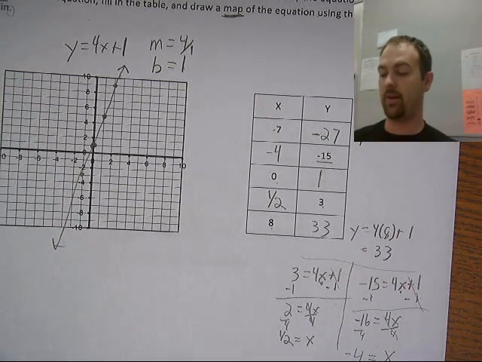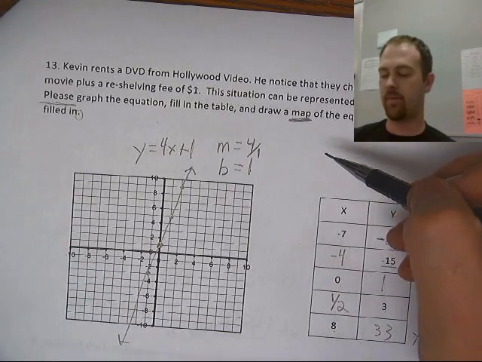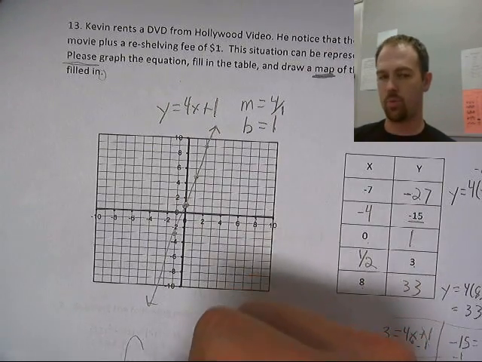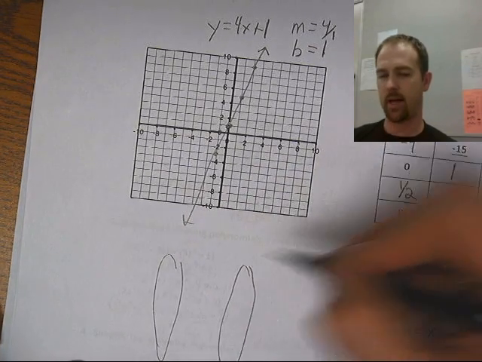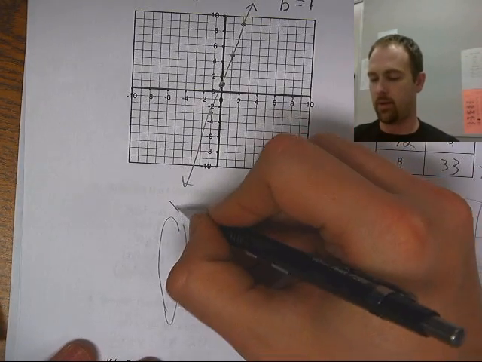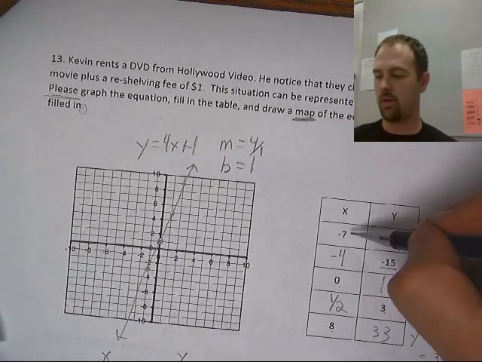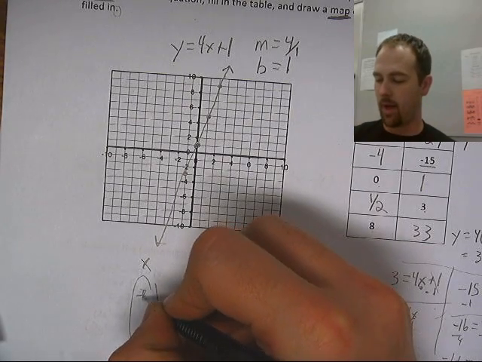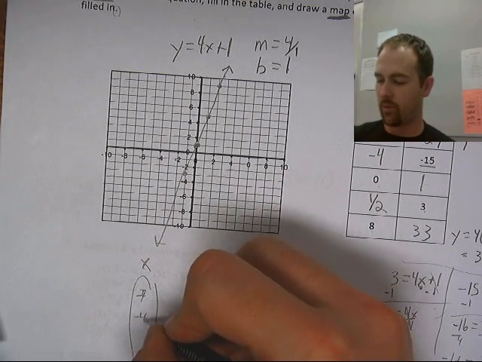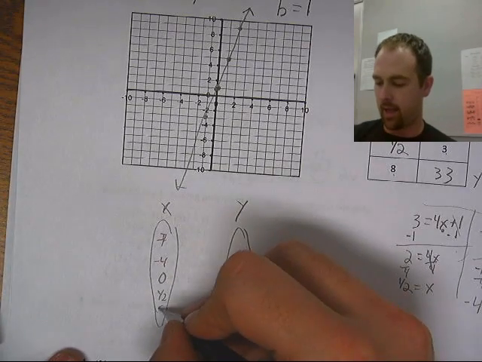Now, for the next thing, we've got to do that map. If you remember from the very beginning of school, mappings were those two ovals written side by side with the x and y values in there. Here's my x values, here's my y values. Let's just take all of these things and copy them into the mapping. -7, -4, 0, 1/2, and 8.